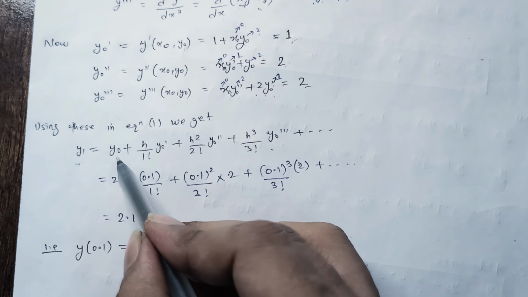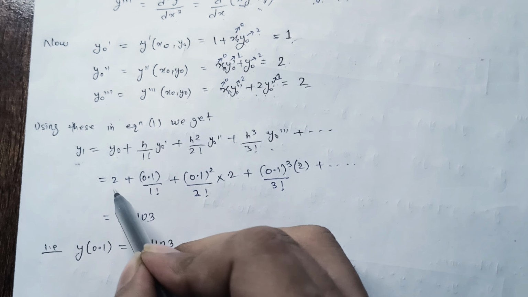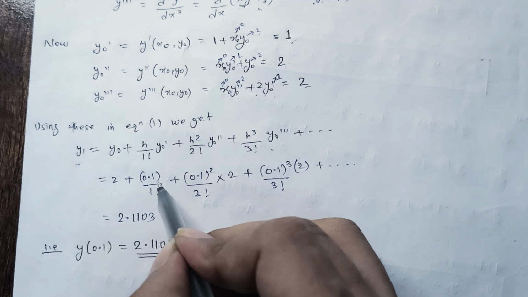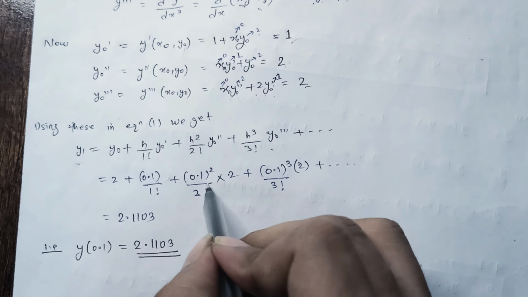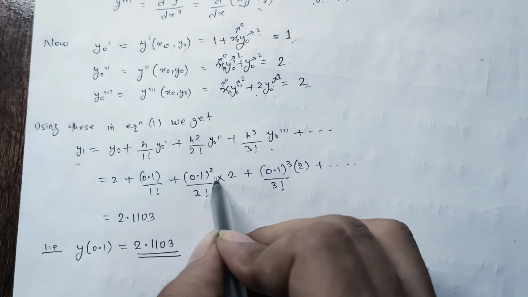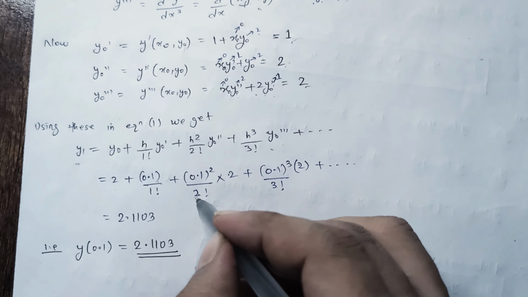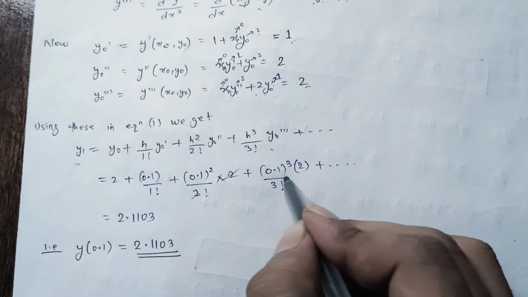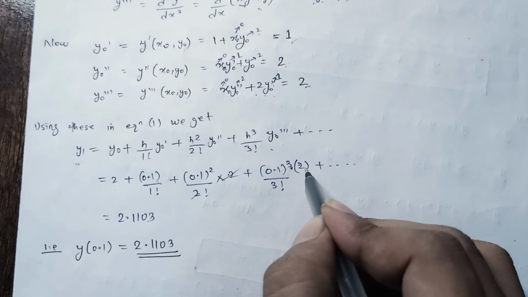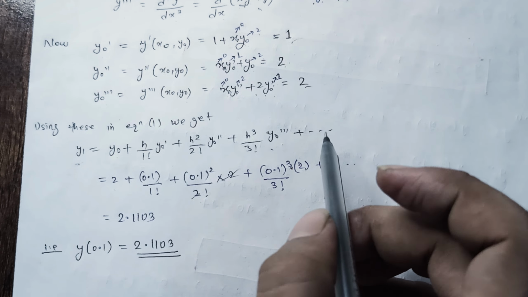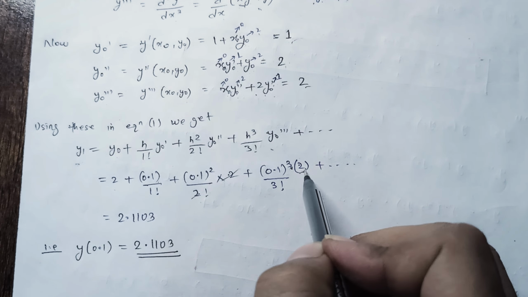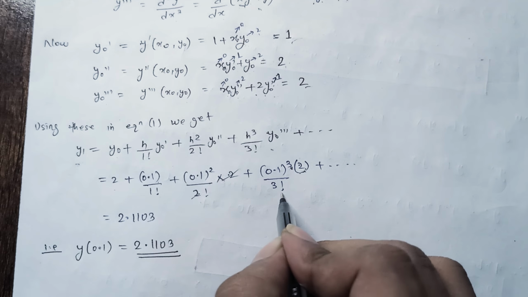So y0 is given as 2, and h equals 0.1 into 1 factorial, plus 0.1 squared over 2 factorial into 2, where these will cancel, plus 0.1 cubed into 2, that is y''', divided by 3 factorial.